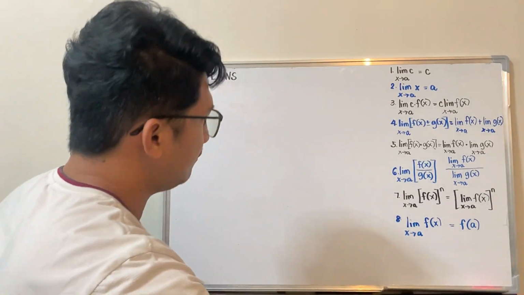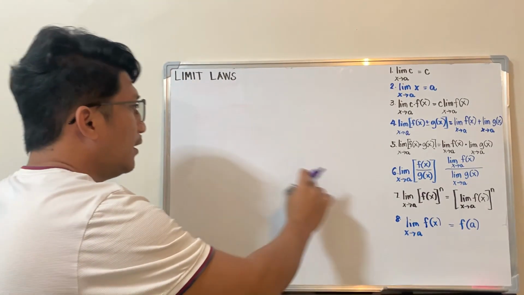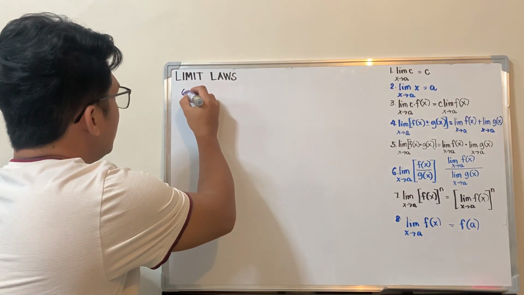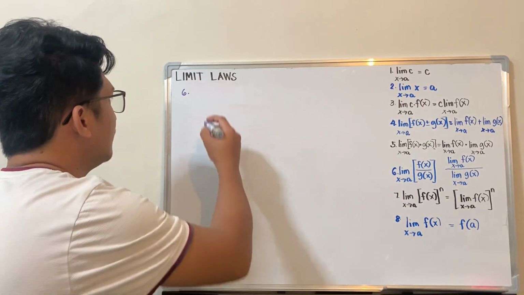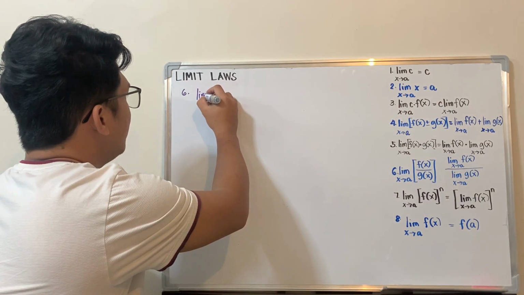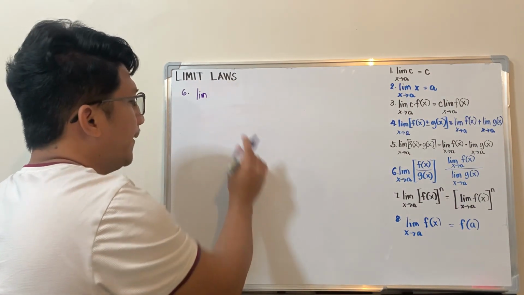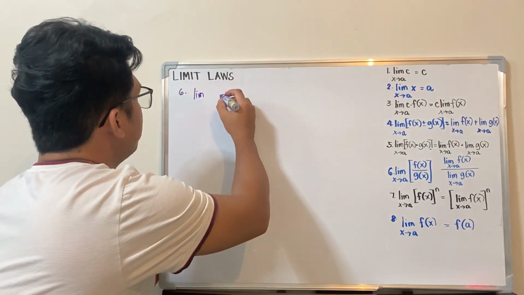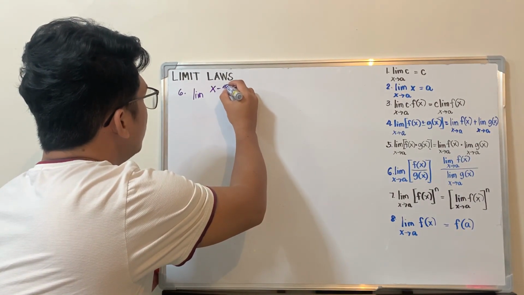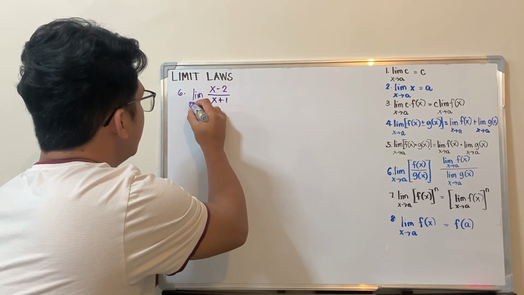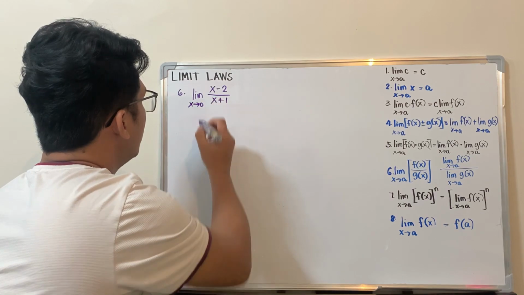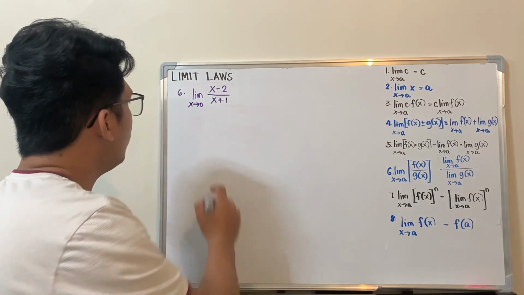Ang pasabot niya sa number 6, rule number 6 or law number 6, nga kung division, then pwede rasanin mo siyang tag sa unang solve. So if you are to solve the limit, for example, of x minus 2 all over x plus 1, as x approaches 0, then pwede na yung sa tagsaon.